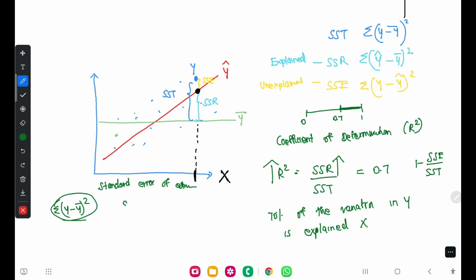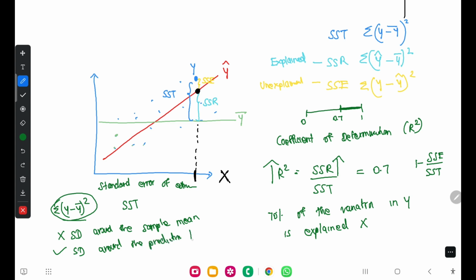You all might say SST. That's wrong. Because in regression, what we mean by standard error of estimate is not the standard deviation around the sample mean, but it's actually the standard deviation around the prediction line.